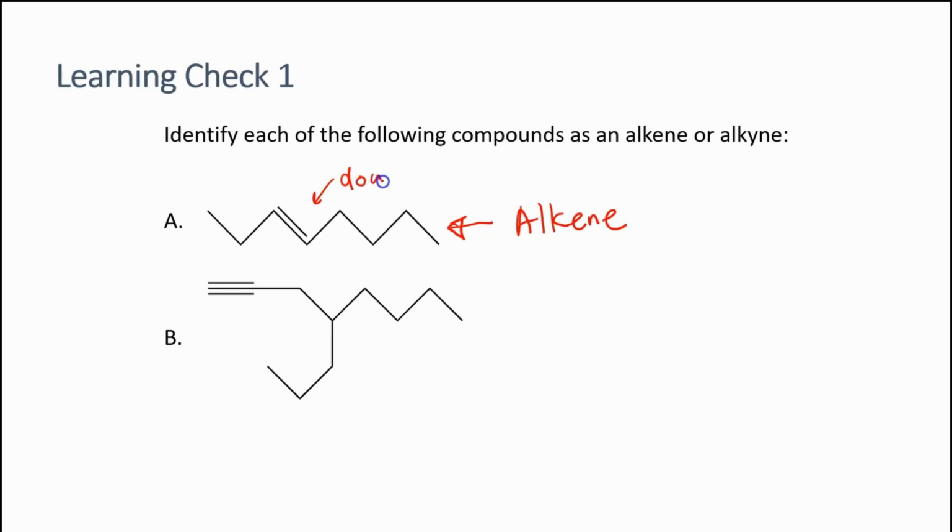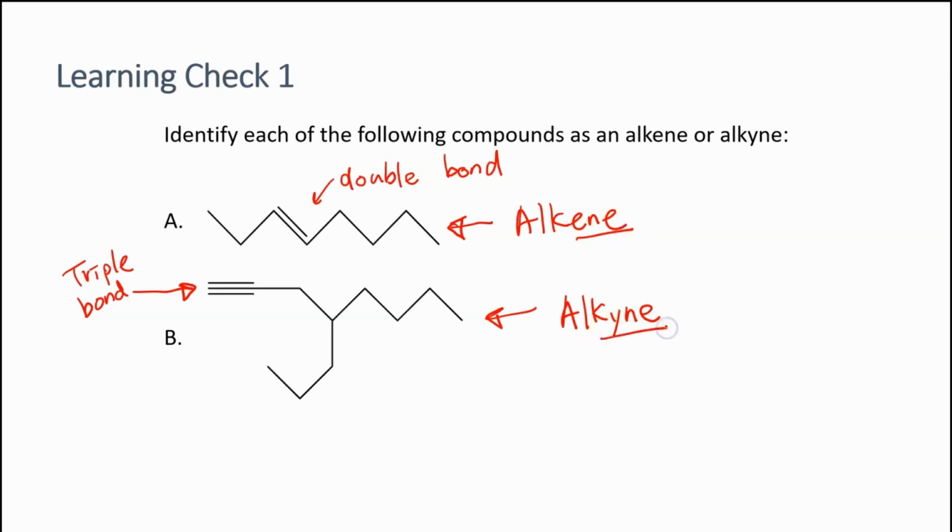This is a double bond. And this bond is a triple bond. Therefore, B is an alkyne.